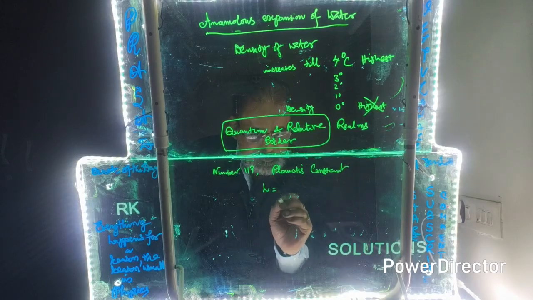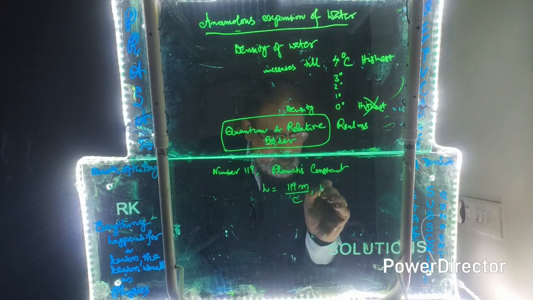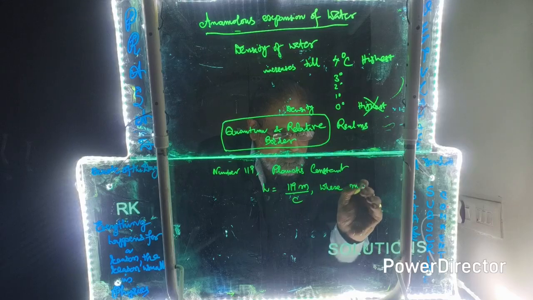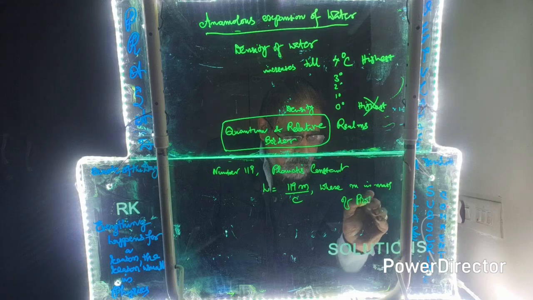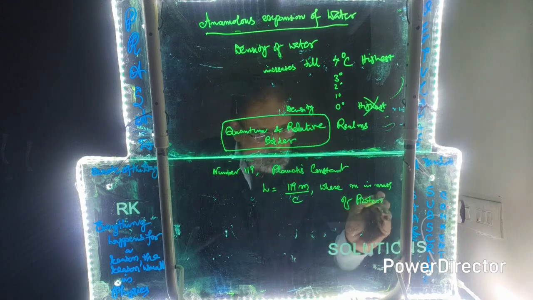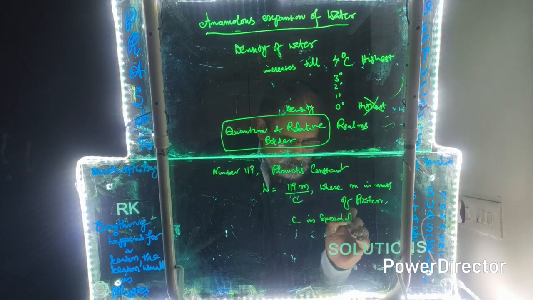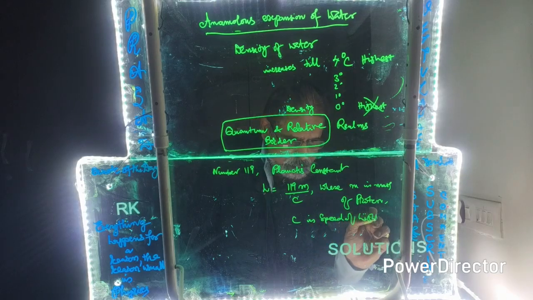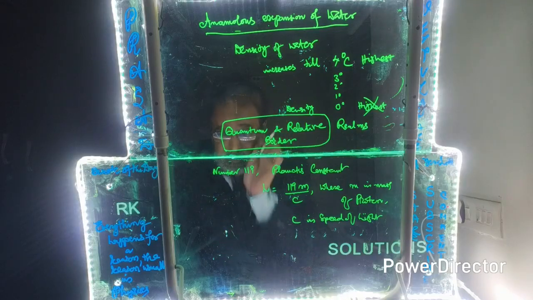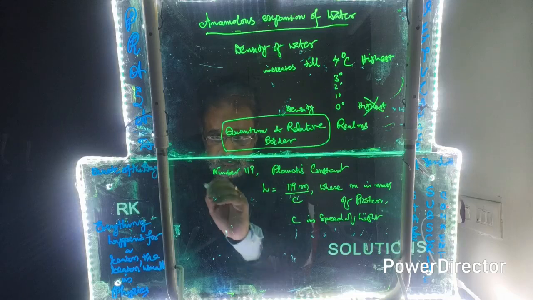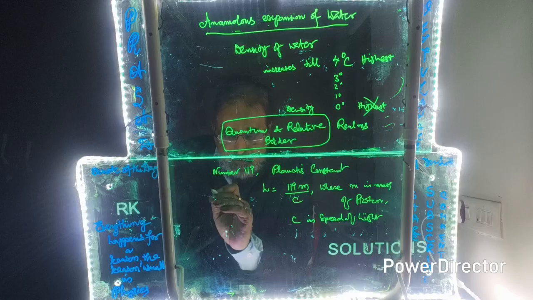How it is related? h is equal to 119 m by c, where m is the mass of proton and c is the speed of light, of course. Right?